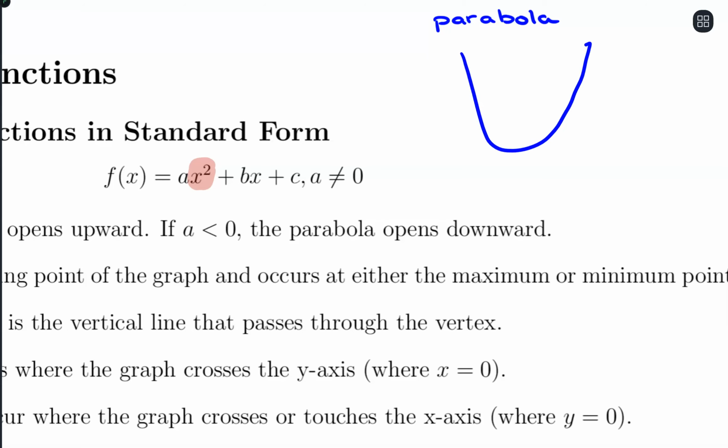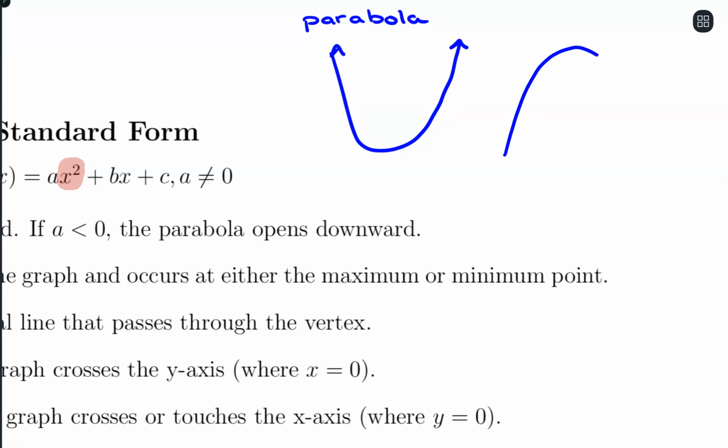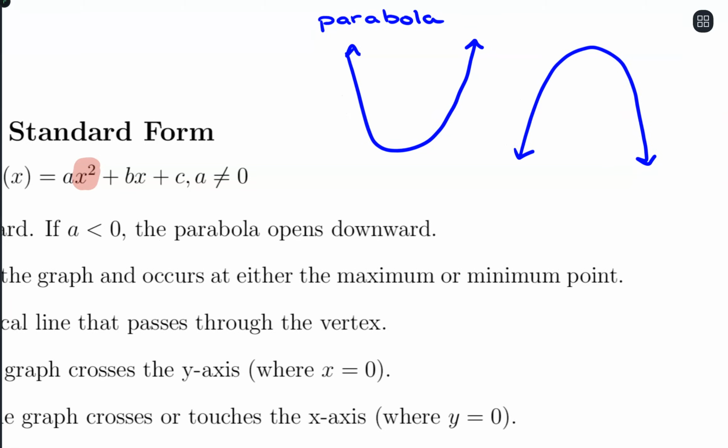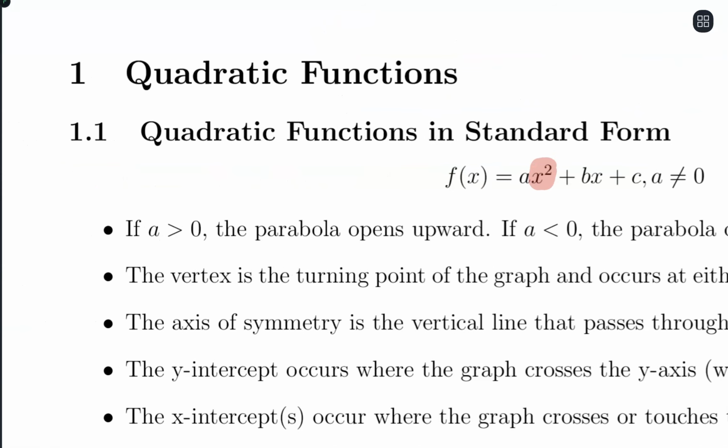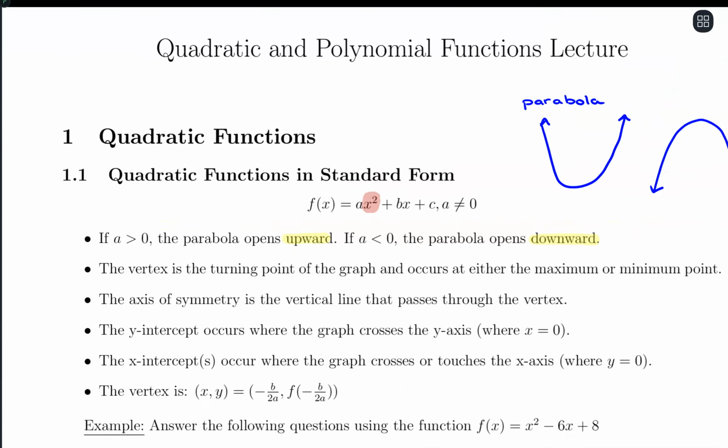It can be opening upwards, or it could be opening downwards. So depending on a, if a is positive, then the parabola is going to open upward. If a is negative, it's opening downwards. So if we look at a and just evaluate the sign that we're seeing, it'll give us an idea of the direction that the parabola is going in.